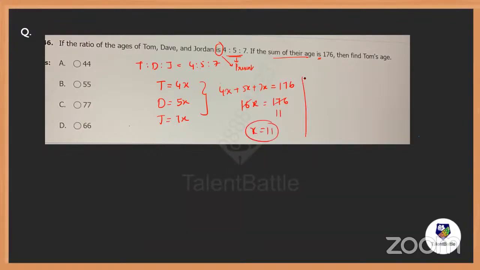If x is 11, the question is to find Tom's age. Tom's age is 4x, so 4 into 11 is 44, everybody. Is that correct?